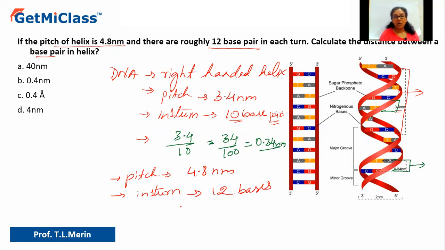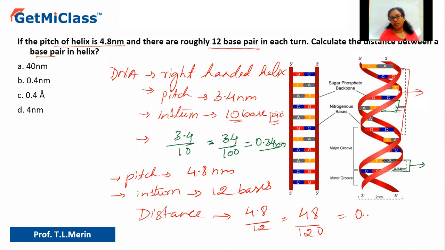So how can you calculate the distance between two bases? It will be 4.8 divided by 12. So that will be 48 divided by 120, and that will be equal to 0.4 nanometer. Okay, 0.4 nanometer if you calculate.